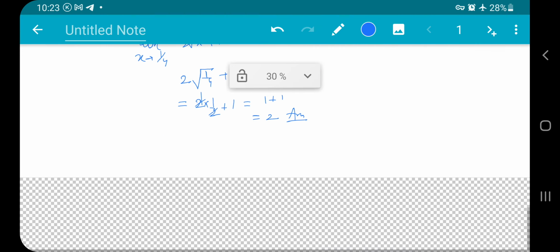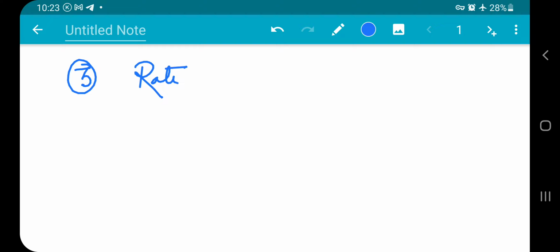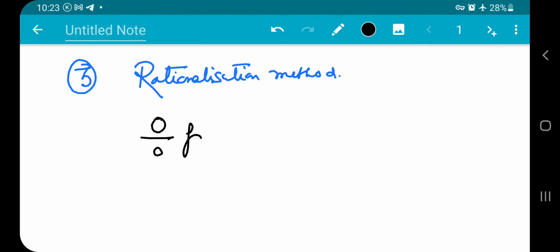The next part, we'll deal with the third system, that is rationalization method. So here also we will see that after putting the limit, we are getting 0 by 0 form or infinity by infinity form.